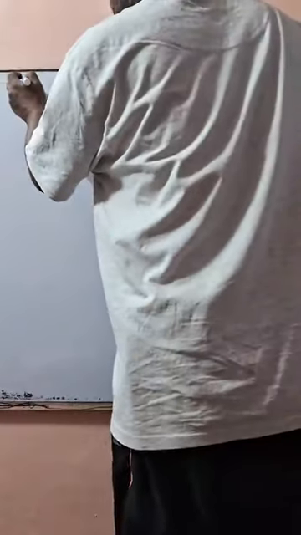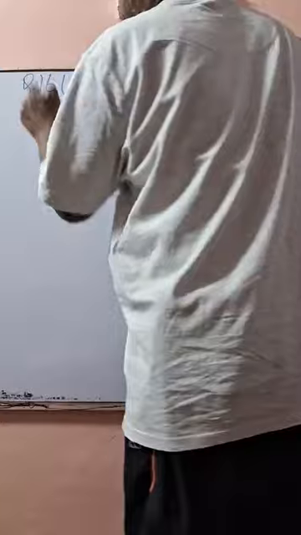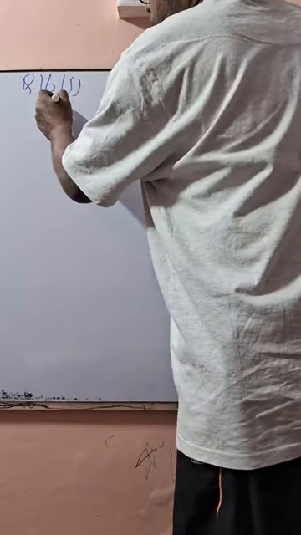So here we have a question which is given to us. There is a triangle. This is question number 16 part 1. The question is like this.